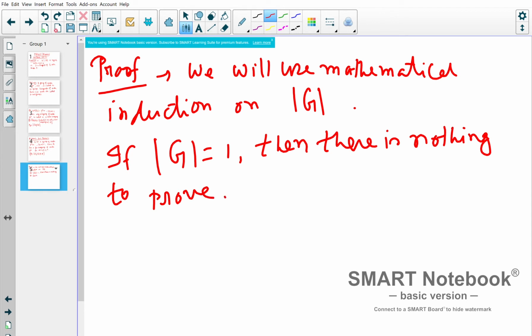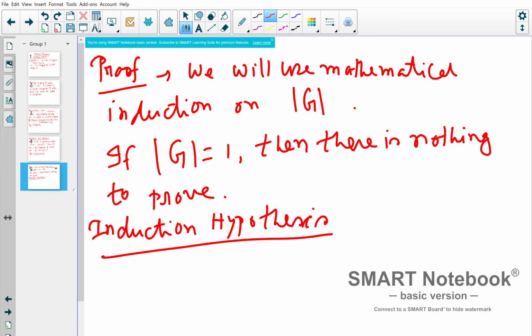Now we need to assume something. There is something called the induction hypothesis. So what is the induction hypothesis? Let us assume that the statement is true.